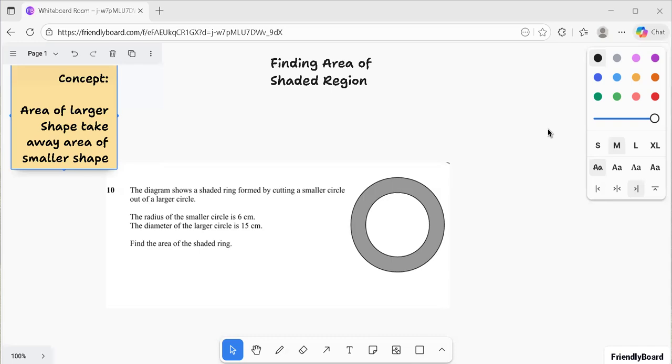The concept is area of the larger shape, take away the area of the smaller shape. So what I mean is, if you are finding the area of the shaded region, you use the area of the larger shape minus the area of the smaller shape.